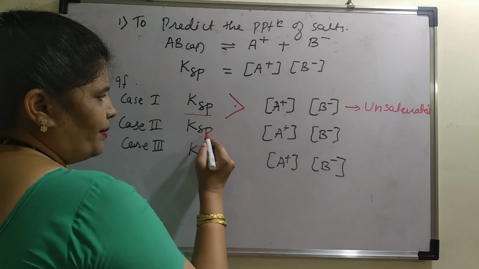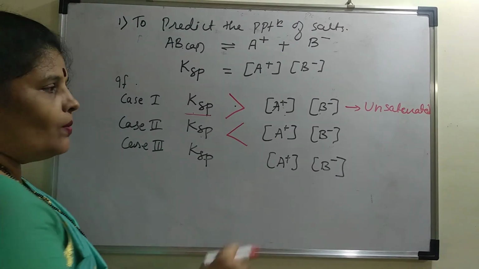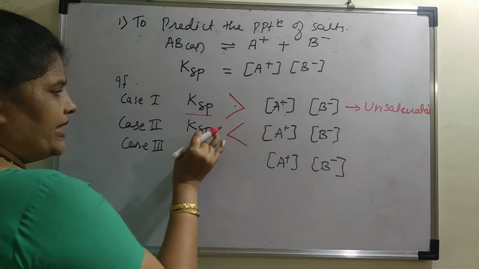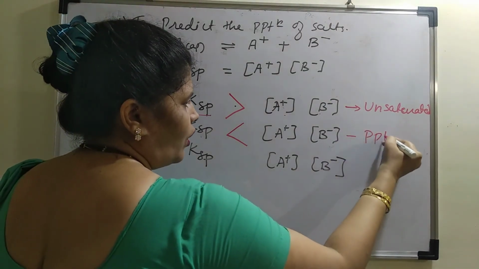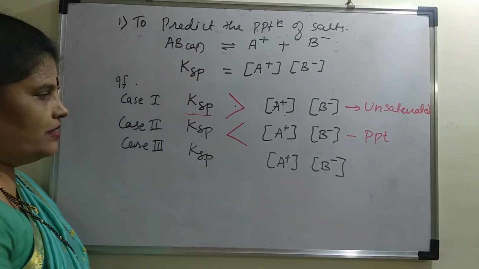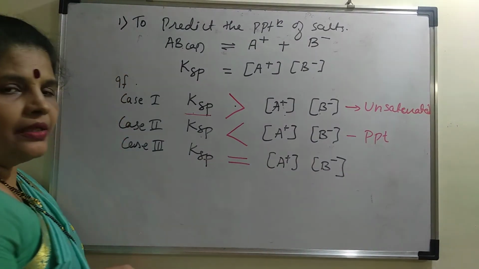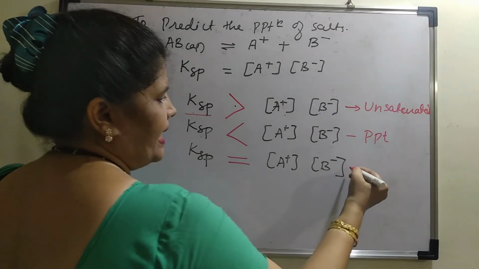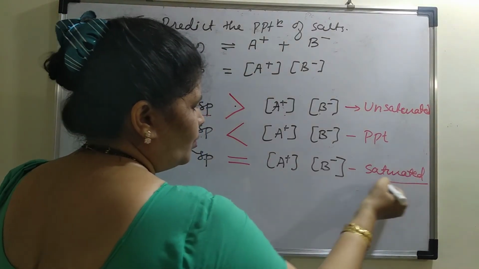When the solubility product is less than the ionic product, or when the ionic product exceeds the solubility product, then precipitation will take place. Similarly, when the solubility product is equal to the ionic product, then we say that the solution is saturated. Very important to know this.